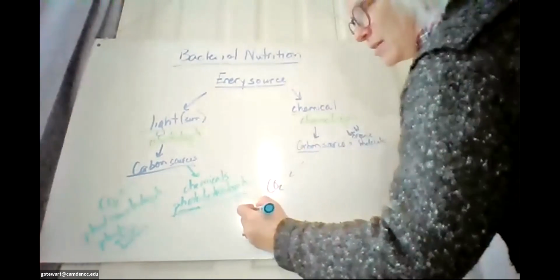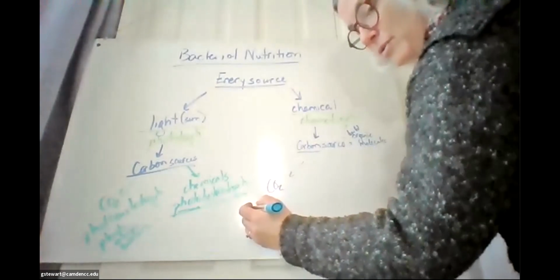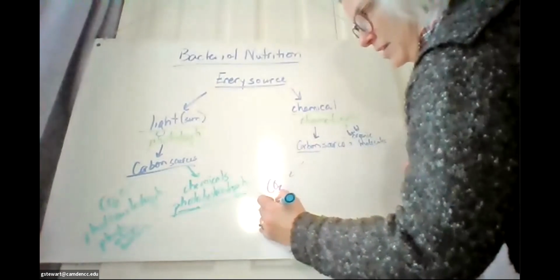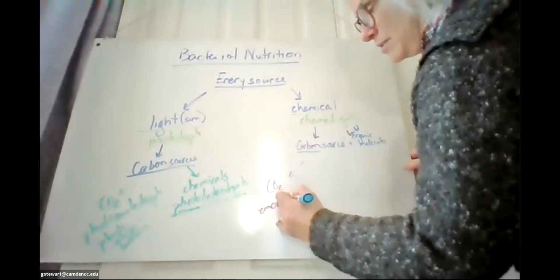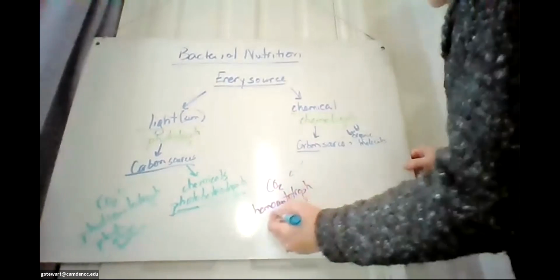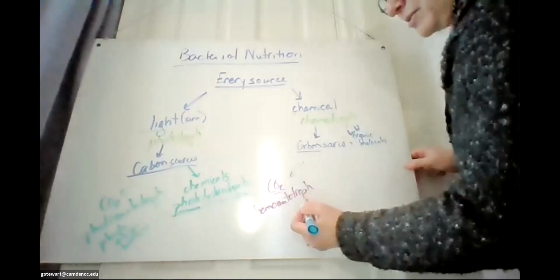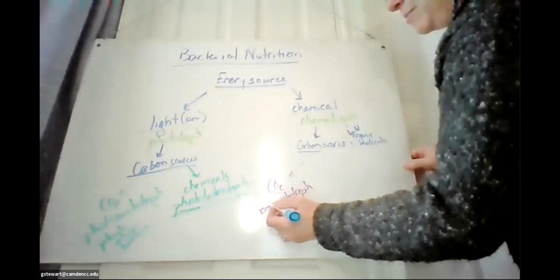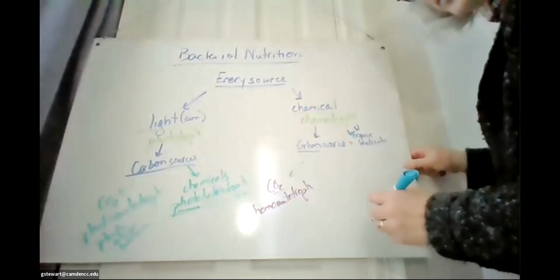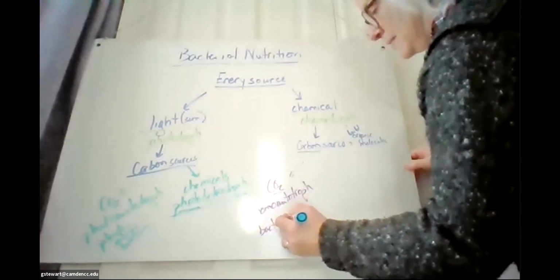And they would be then called a chemoautotroph. Chemoautotroph, because they can make their own molecules from just carbon dioxide as their carbon source. They're using chemicals for their energy source. And of course, there would be bacteria in this category.